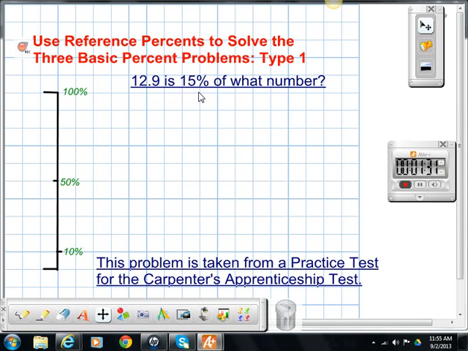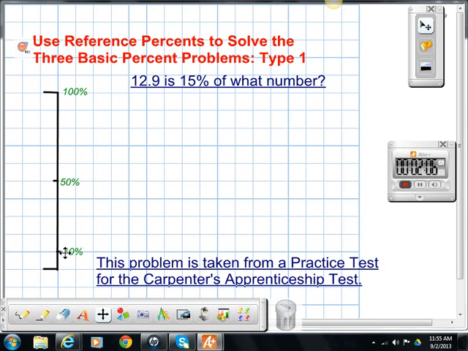When we work on these three basic types, I'd like to use this scale that I've created to refer to the percents from 0 to 100. 100% means a whole quantity, whatever that quantity may be. 50% means half of the quantity, and 10% means a tenth of the quantity.